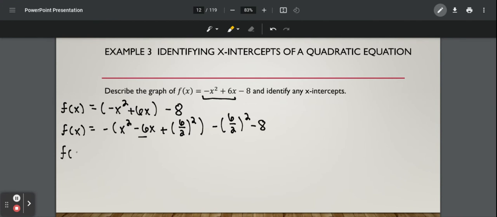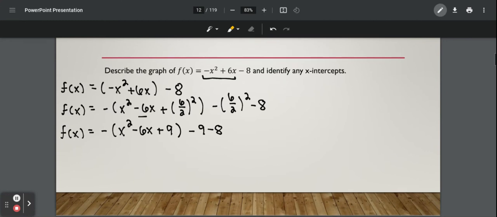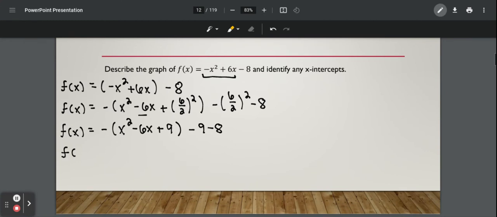So if we start simplifying, we get negative x squared minus 6x plus 9 minus 9 minus 8. So we get f of x equals negative. This will factor into x minus 3, x minus 3. It always factors into the same two factors.